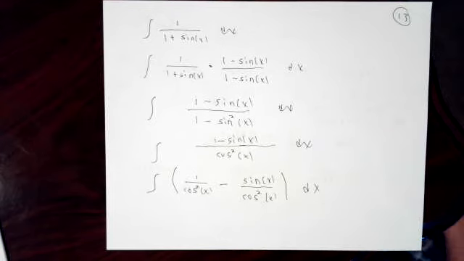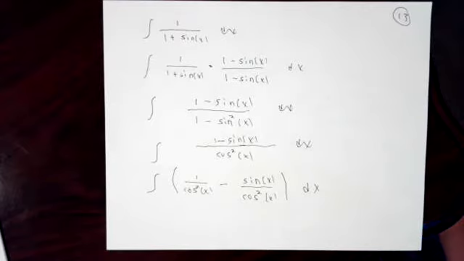Sometimes you have to do very tricky algebra and trigonometry techniques. If I want to find the integral of 1 over 1 plus sine x, what you can do is multiply the thing you're integrating by 1, except you're going to write 1 very oddly. You're going to write it as 1 minus sine x over 1 minus sine x.